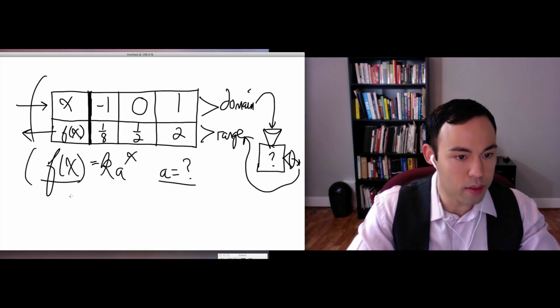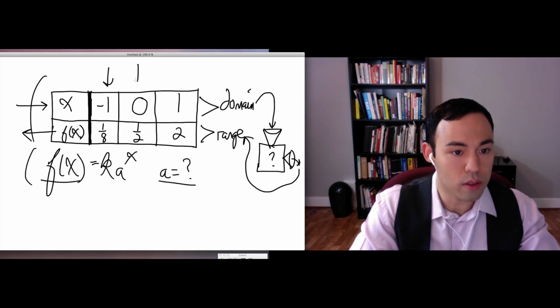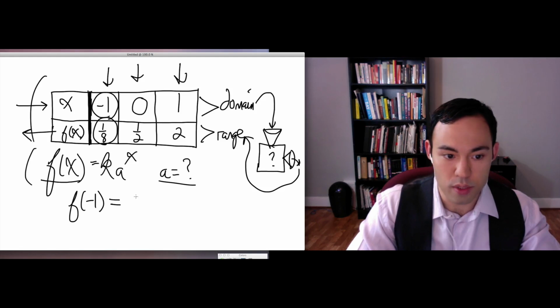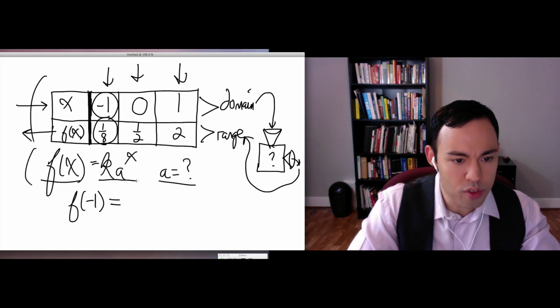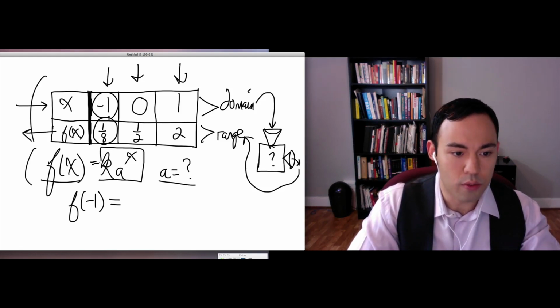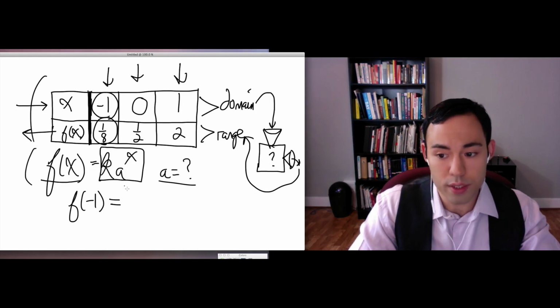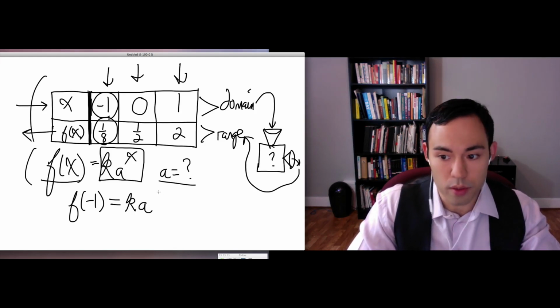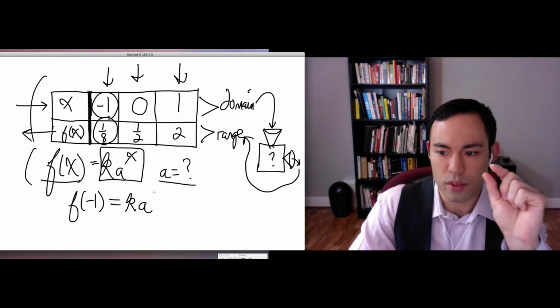Okay, so let's start with setting up all three relationships. f of -1, so -1 is going into the black box, equals, so once the -1 goes into the black box, 1/8 comes out. We have some idea, from this problem's givens, of what's in the black box: some kind of constant times some other constant. Constants are just numbers that don't change.